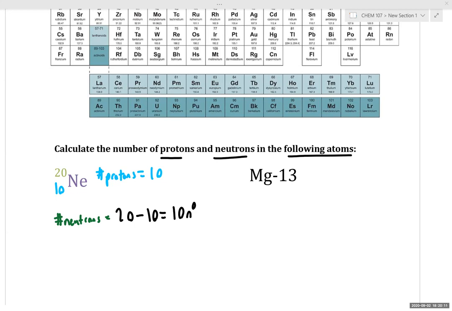Rather, mass number is specific to a given isotope or atom of neon. Does that make sense? Kind of. Isn't it the same number of protons and neutrons then, when it's the average amount of the mass number?